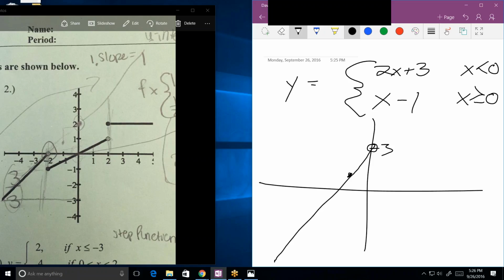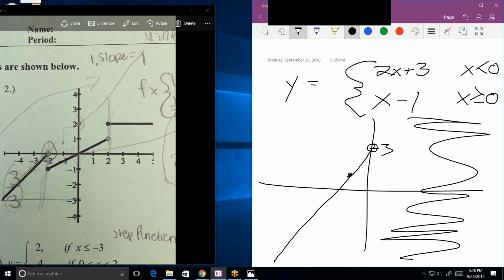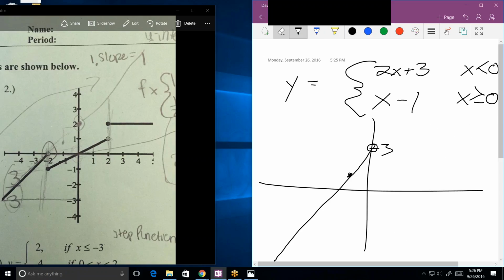Now how about the rest of it? How do I graph x minus 1 whenever I'm on this part of the curve? You'd start at minus 1. And then you go up 1 to the right 1. It doesn't matter whether you go up and right or down and left.